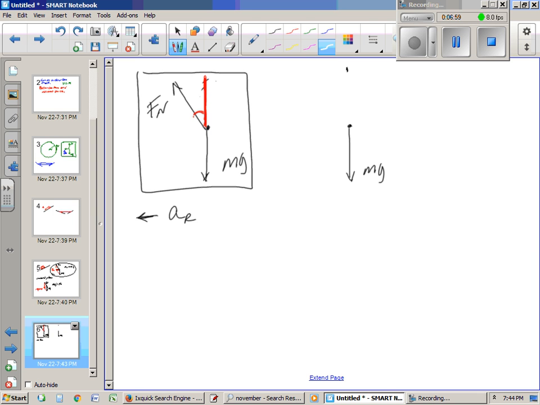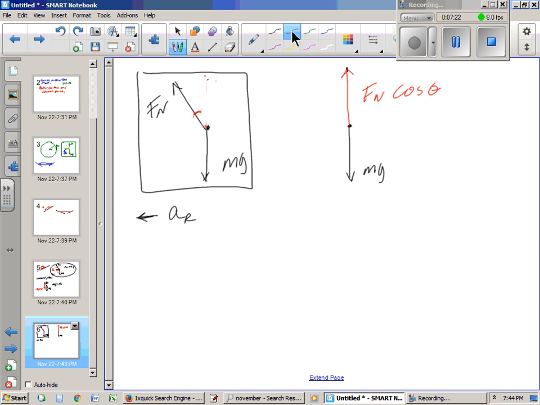So let me get that out of there because it doesn't belong. So over here, we would call this thing Fn cosine theta. Again, remember, we're not in the first quadrant here, so it's going to be cosine rather than sine.